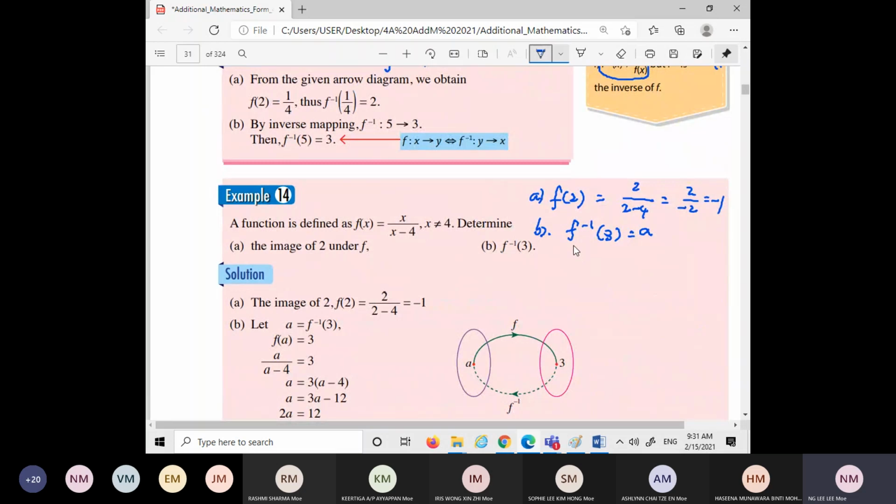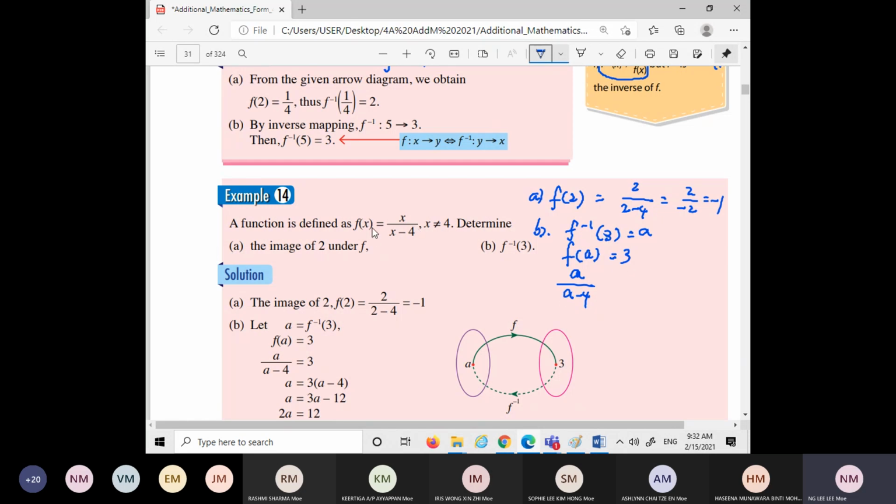So you know that f(a) equals 3. Since f(a) equals 3, the inverse of 3 will get back to a. Now f(x) is x over x minus 4, so f(a), where x becomes a, is a over a minus 4.